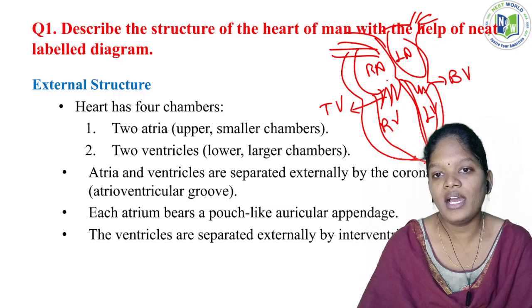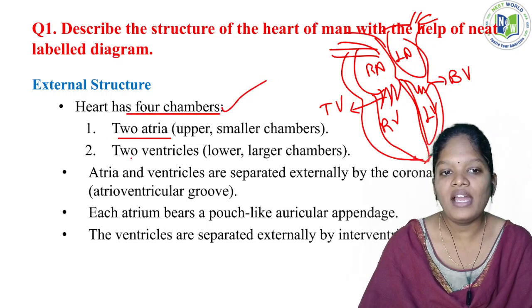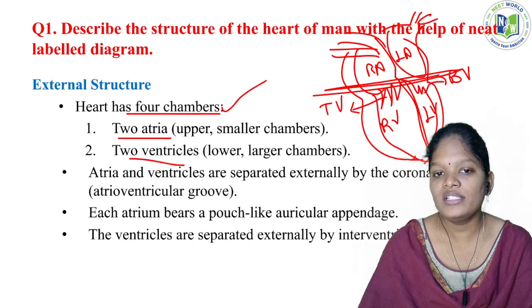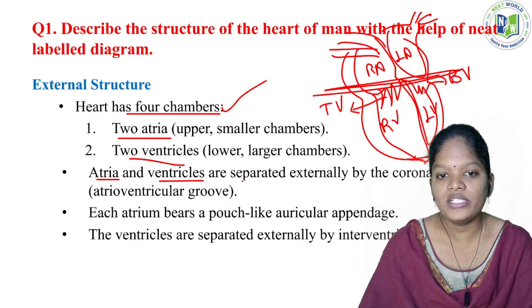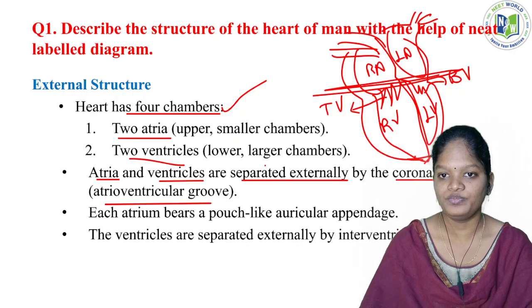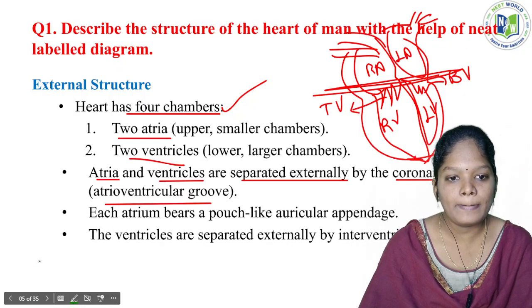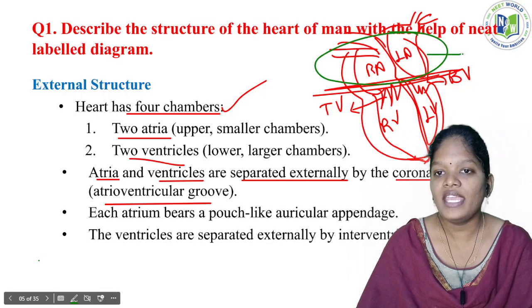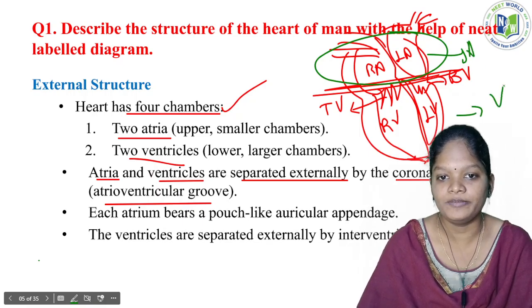In the human heart, we have four chambers: two atria and two ventricles. The two atria are the upper small chambers, and the ventricles are the lower larger chambers. The atria and ventricles are separated externally by the coronary sulcus, the atrioventricular groove. The upper chamber is called an atrium, and the lower chamber is called a ventricle.